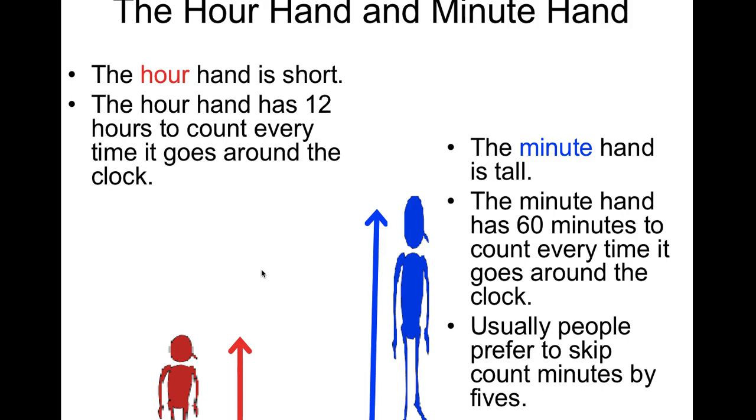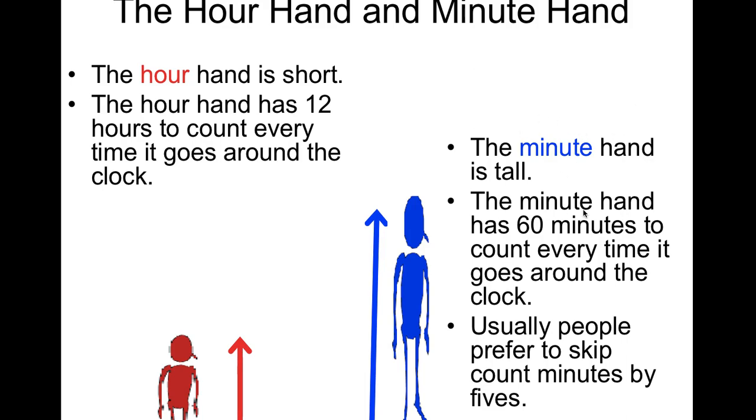So we have the hour hand and the minute hand. The hour hand is short. The hour hand has 12 hours to count every time it goes around the clock. The minute hand is tall or long, and the minute hand has 60 minutes to count every time it goes around the clock. Usually we skip count by 5s when we're going by minutes.